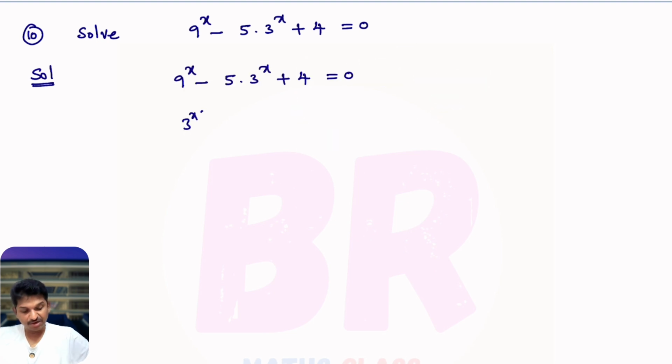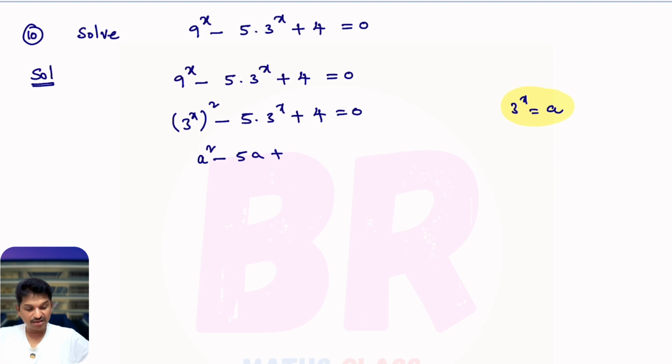So 9 power x can be written as 3 power x whole square, minus 5 times 3 power x plus 4 equal to 0. I'll take 3 power x equal to a. Then what this will become? A square minus 5a plus 4 equal to 0. Split the middle term. This 5a can be written as minus 4a minus a.